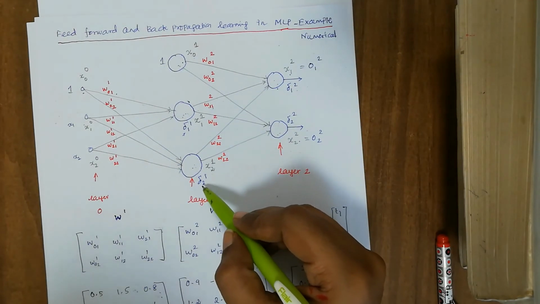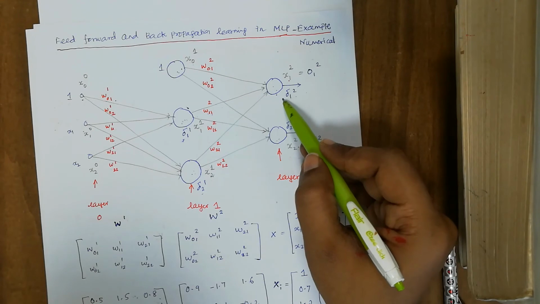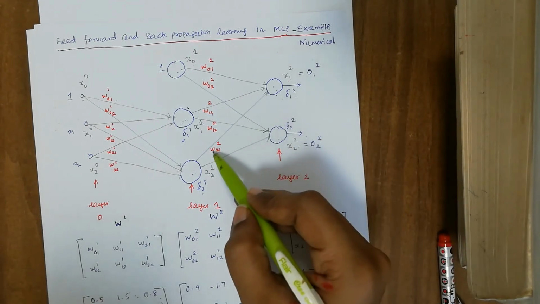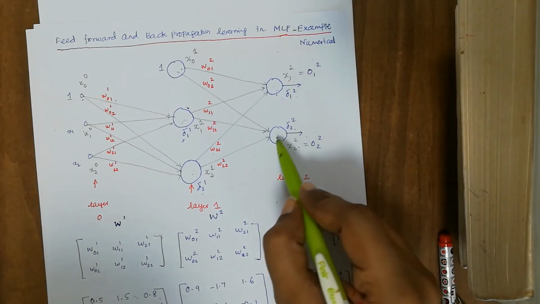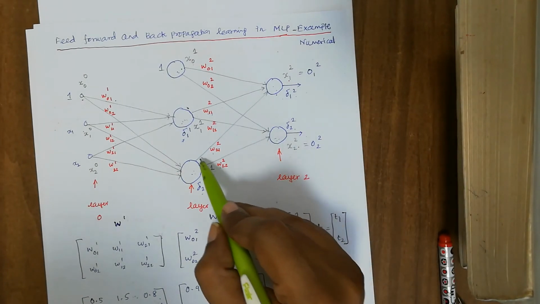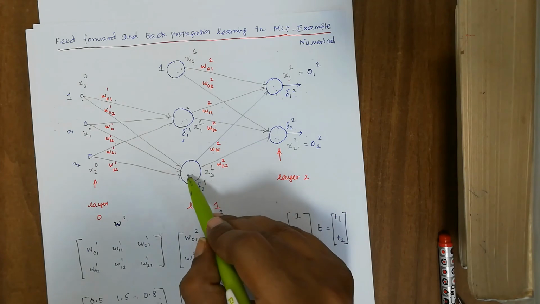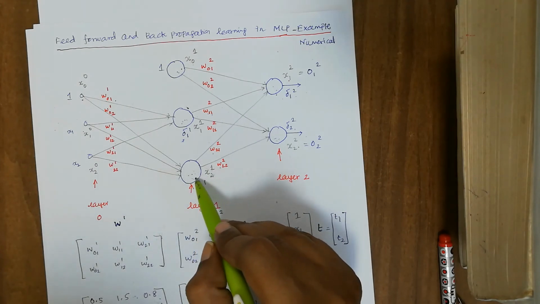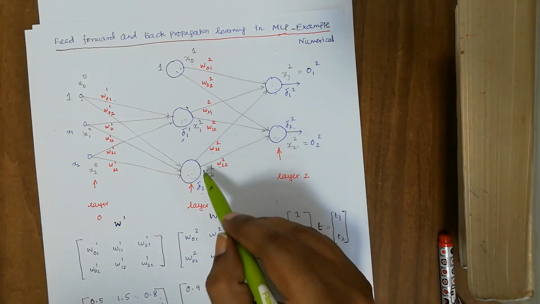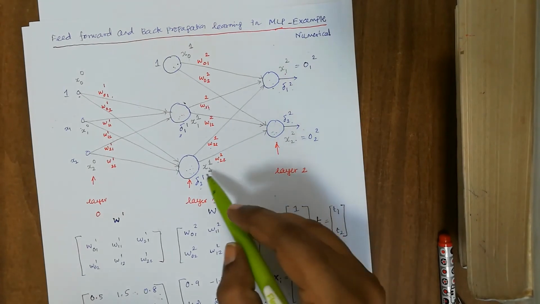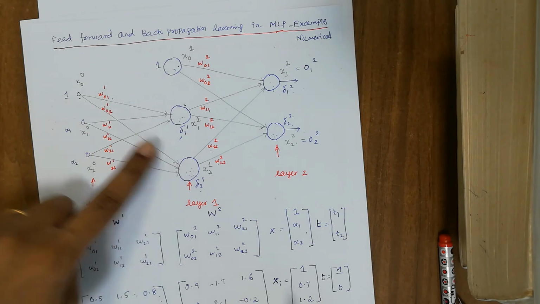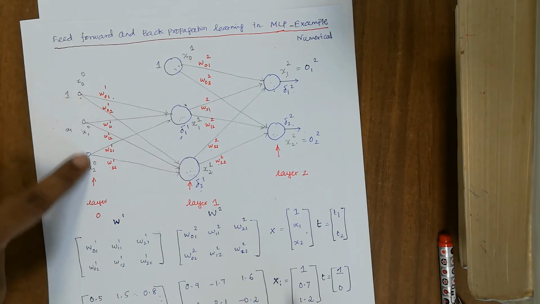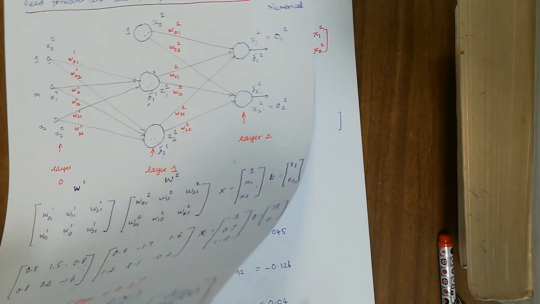Similarly, del 2 1 is calculated from del 1 2 multiplied by its W21, and del 2 2 multiplied by its W22, summed up over here and multiplied by its local derivative. What we are going to obtain is dou E by dou W ij, and then that has to be multiplied by its previous value, as we did last time.